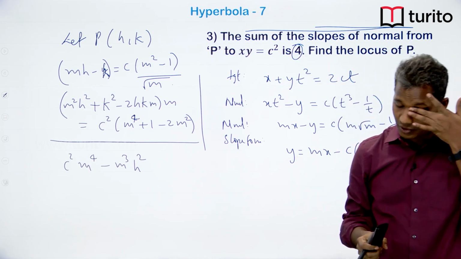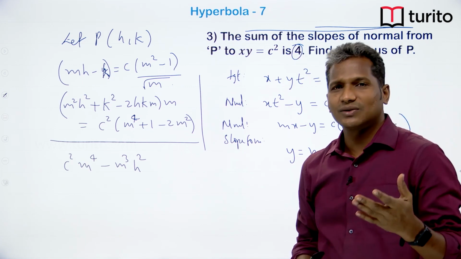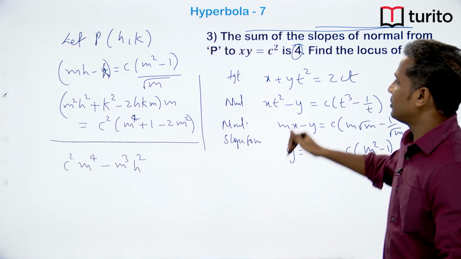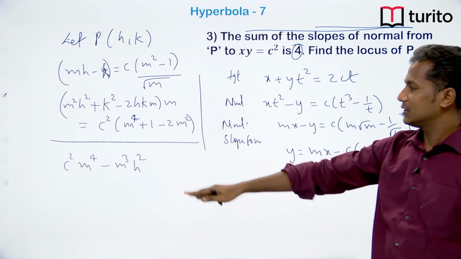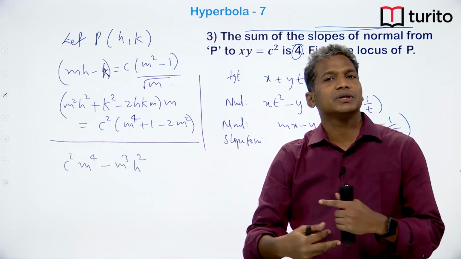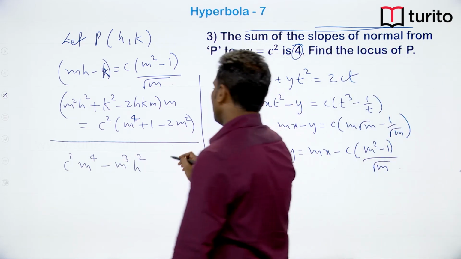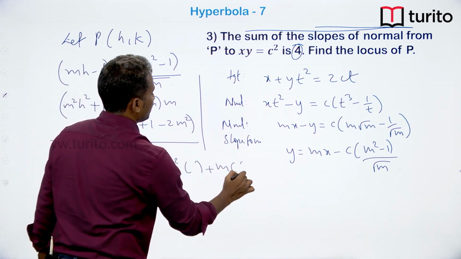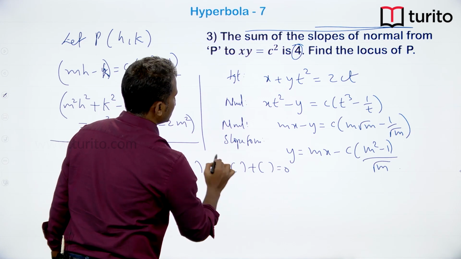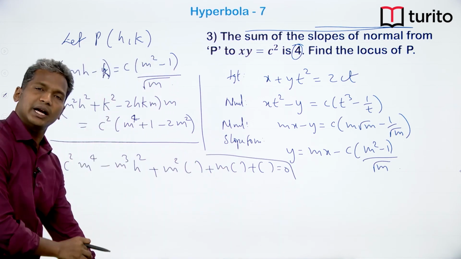We want sum of all slopes of normals to be 4. So, we are interested in only finding the sum of roots of this equation which is supposed to give us the slopes. So, I am not worried about the other terms at all.